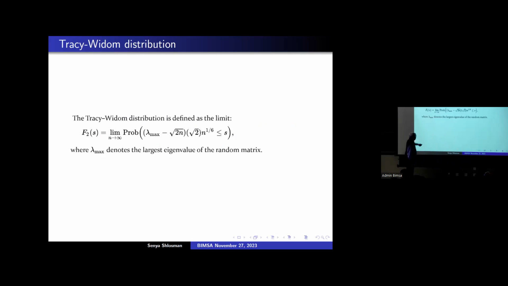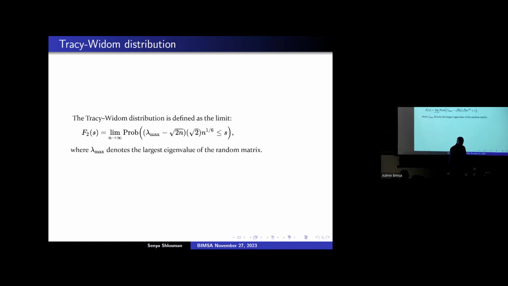And you see its definition here. What you should do is take your random number, this leading eigenvalue, lambda maximal. You first make a shift. If your matrix is n by n, then you subtract square root of 2n. And then you multiply it by n to the 1/6. This is something unheard of in classical probability theory.